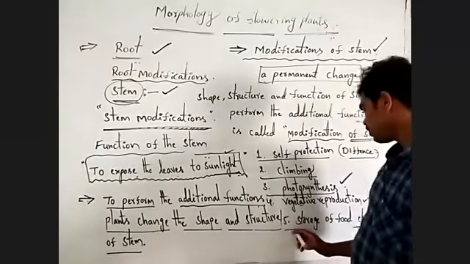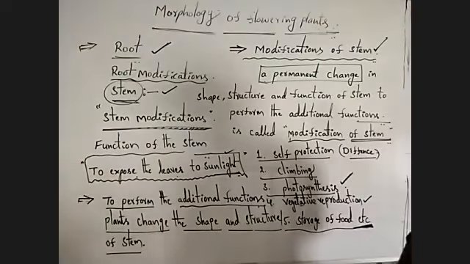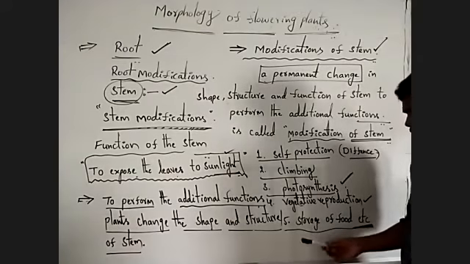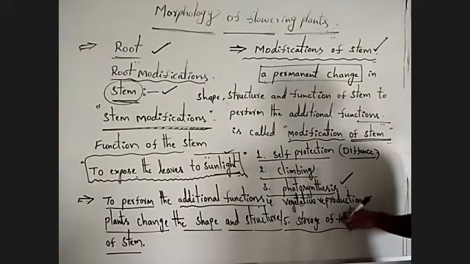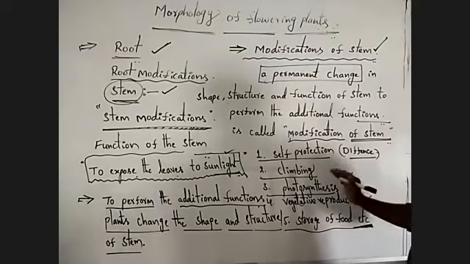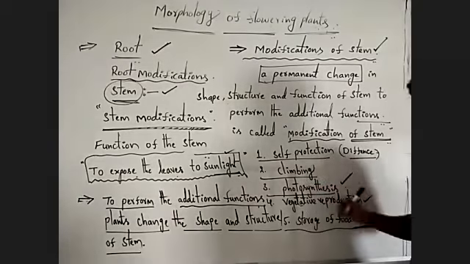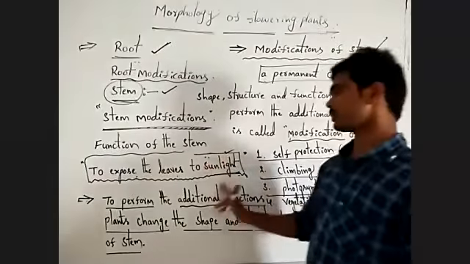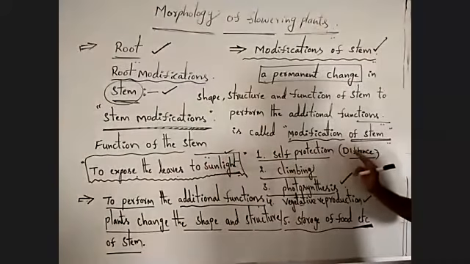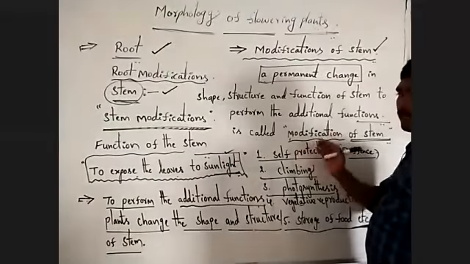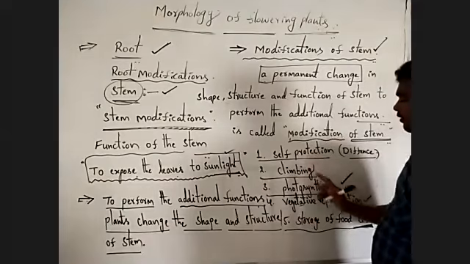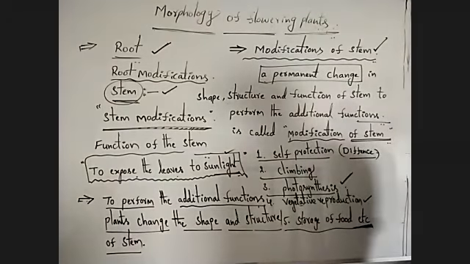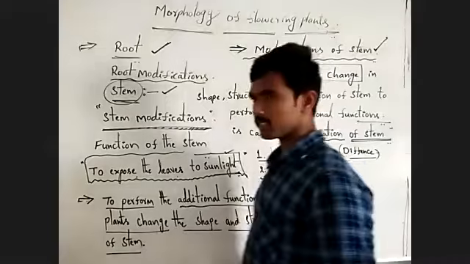Next, storage of food material. These are main important functions. In addition to exposing the leaves to sunlight, stems of different plants perform all these functions also.